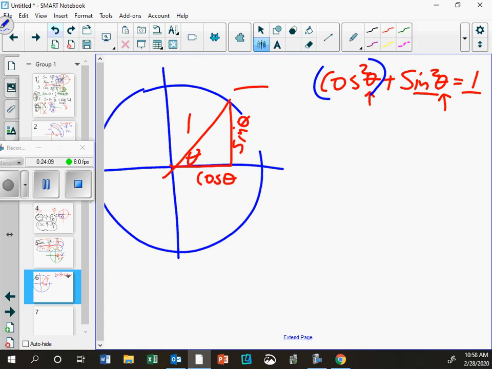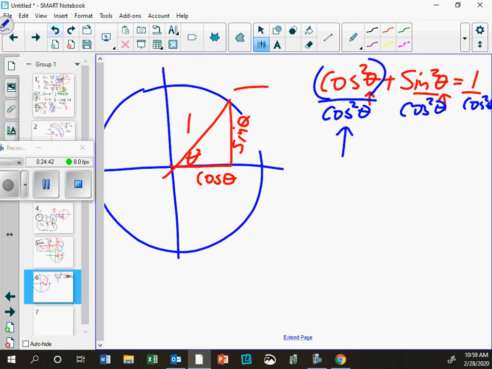Would you agree if I wanted to, I could multiply by anything I want, because this is an equation. I can multiply by anything I want, as long as I do it to both sides. Okay. Would you also agree I could divide by anything I want, as long as I do it to both sides? So then, I'm going to choose to divide by cosine squared on both sides. And that's going to distribute to this one, too. And we get a new one.